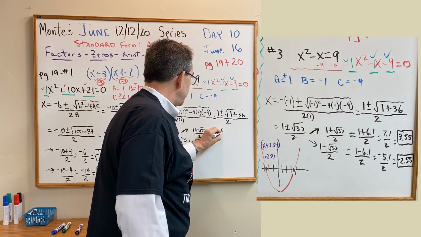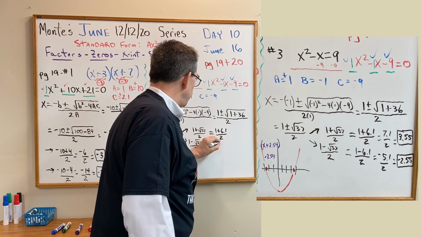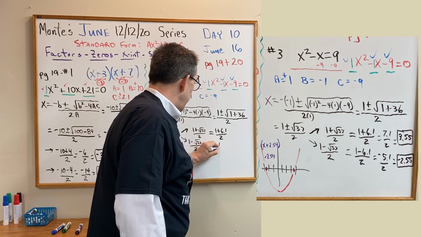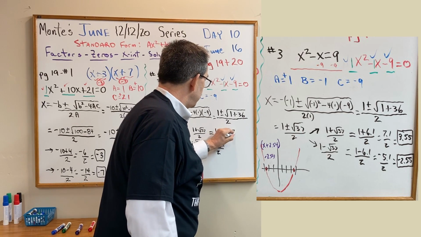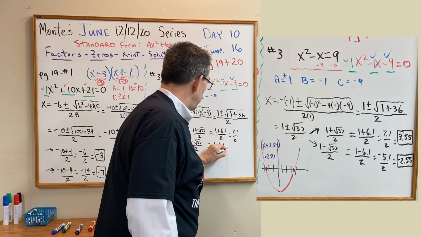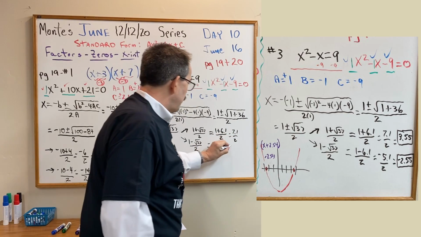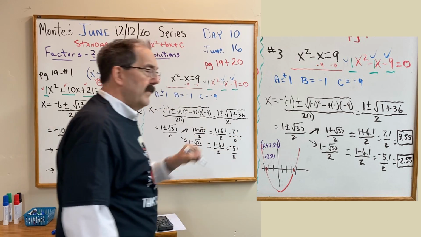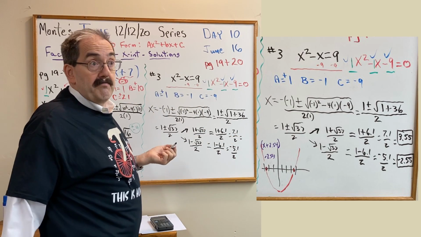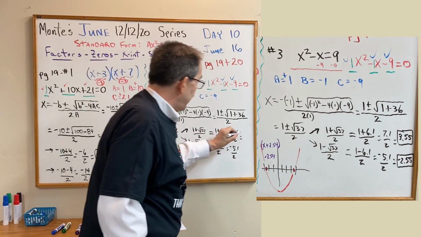1 plus 6.1 over 2. 1 minus 6.1 over 2. 7.1 over 2. Negative 5.1 over 2. Well, 7, half of 7 is 3.5. This would be 3.55.